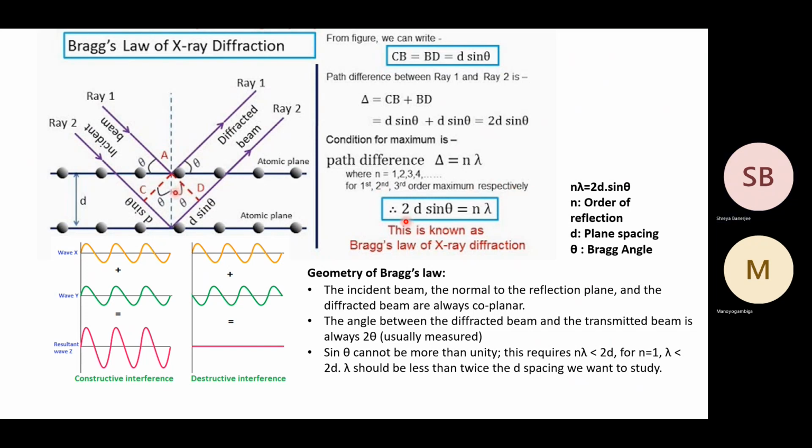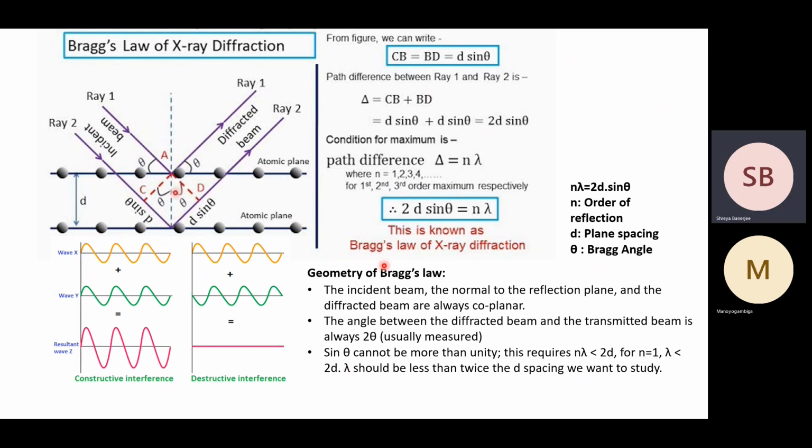That is, 2d sine theta is n lambda, where d is the distance between the crystal planes, theta is the angle that the incident beam makes with the crystal plane, n is an integer 1, 2, 3, 4, and it is also called the order of reflection. So if n is 1, you say it is a first order reflection. And theta is also known as Bragg angle.